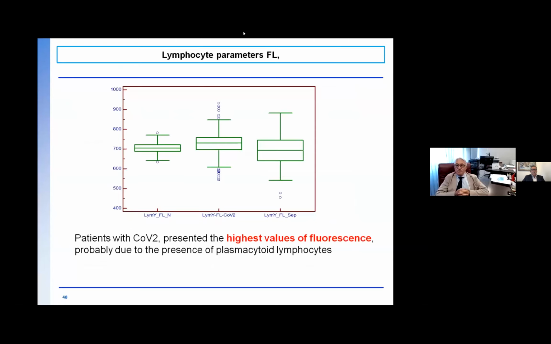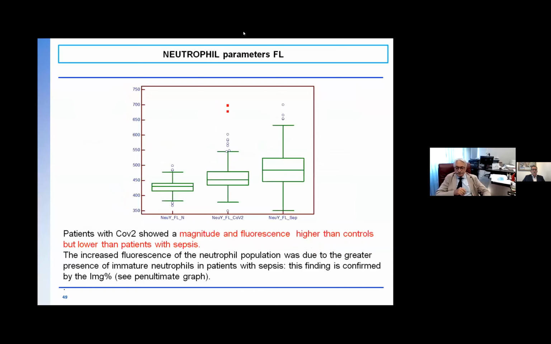As for fluorescence parameters of lymphocytes, we detected a higher value in SARS-CoV-2 patients as against healthy subjects and also as against sepsis subjects. The same for the increase as against the normal healthy subjects of fluorescence in subjects with COVID-19.